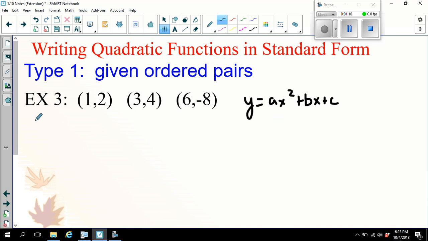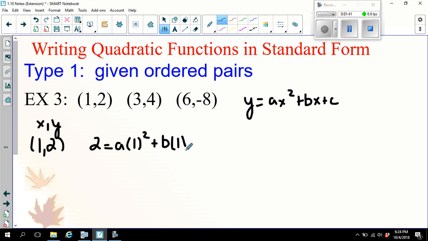Okay, so here's our x and y. I'm going to use 1, 2 first. So you do have to use each of these points, okay? So we're going to plug 1 in for every place we see x, and then we'll plug 2 in for y. So here we have 2 equals a times 1 squared, and then plus b times 1, and then plus c.